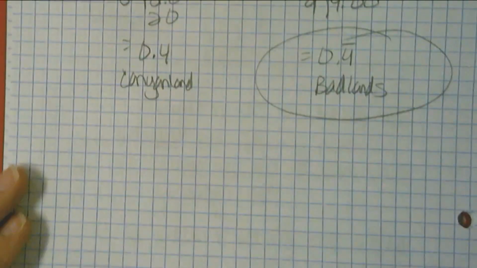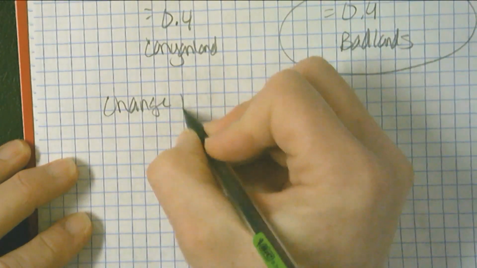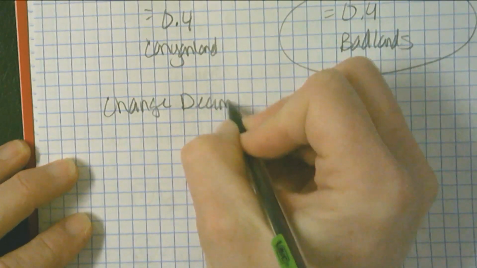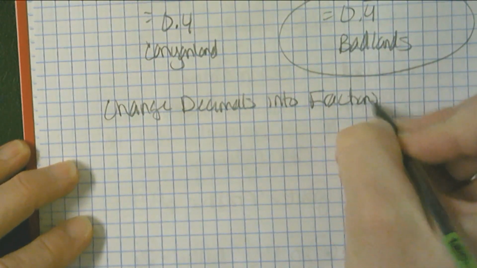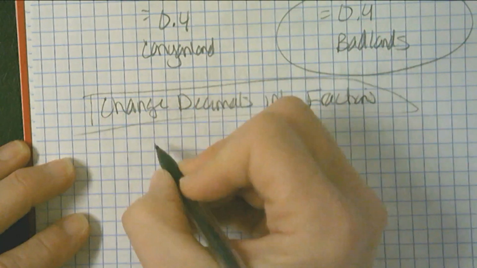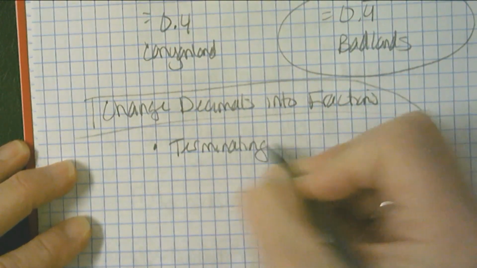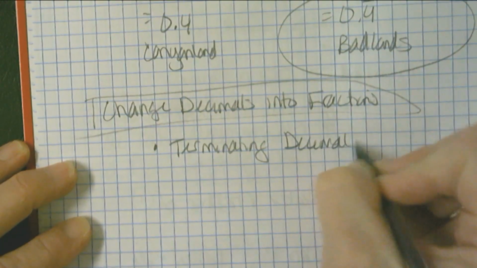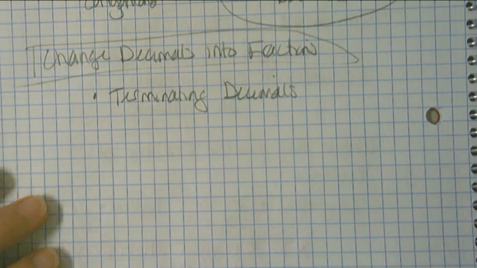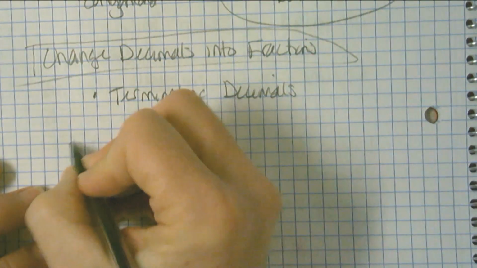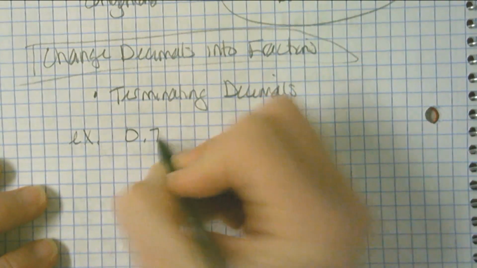Okay. There's one last thing I want to show you: we want to change decimals into fractions. And today we're going to focus on terminating decimals. All right, so let's do an example just so we understand. So let's do 0.7.